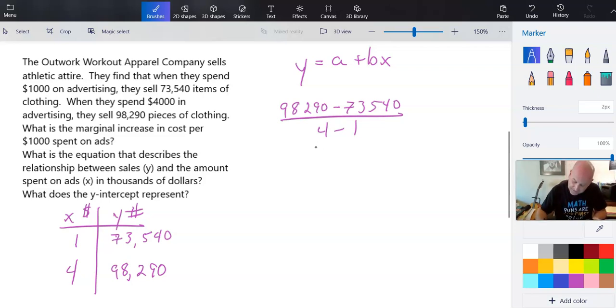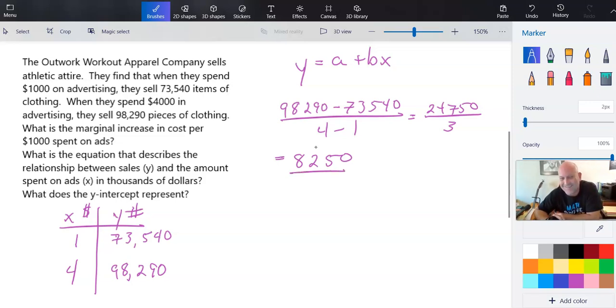Okay, so that gives us 24,750, right? And that's for every 3,000 spent. So we'll just go ahead and divide that by 3 now. And that gives us 8,250. Okay, so that's our marginal cost, or marginal increase.